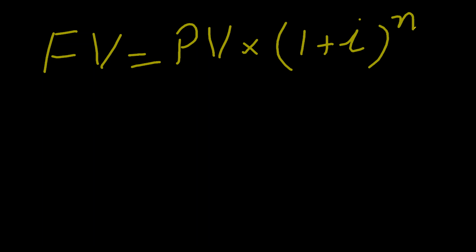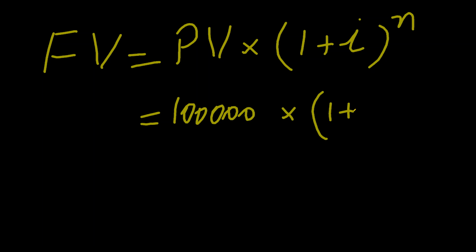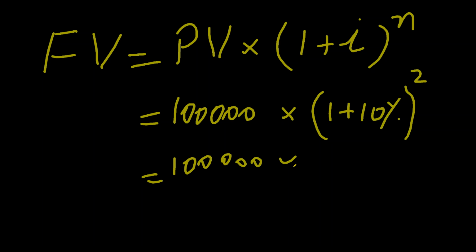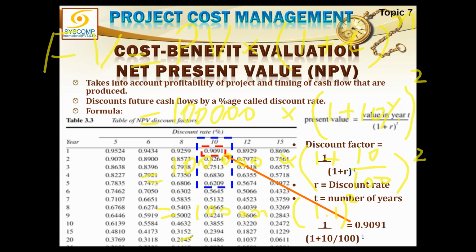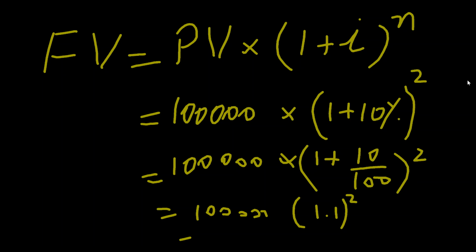Now, if your amount is 100,000 and the percentage is 10%, and maybe for 2 years you want to calculate, it would be 1 plus 10 by 100, which becomes 1.1 raised to the power 2, which is going to be equal to 121,000.